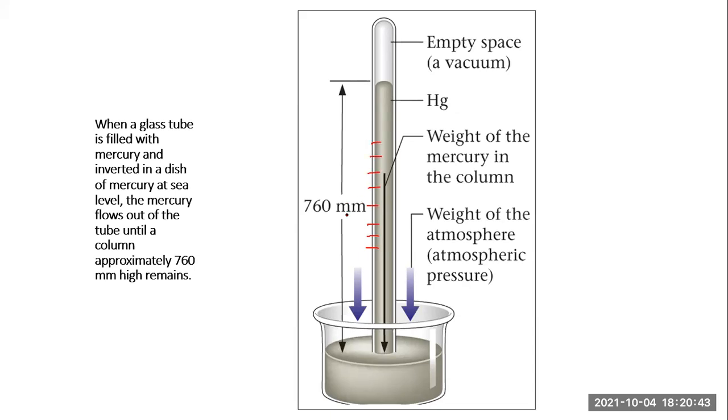And again, that's where you would take your reading. You can see here, as I mentioned before, mercury is a little unusual compared to most, in that it has a meniscus running the opposite way. And if we were to read it again, it would be sort of to the top of the meniscus in this particular case. Again, as pressure is put on the pool at the bottom, mercury goes up the tube.